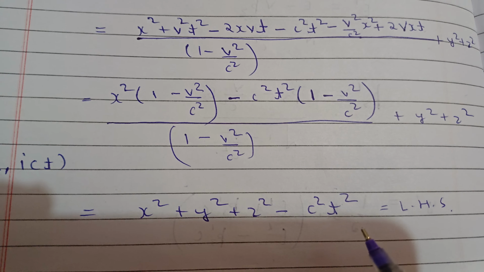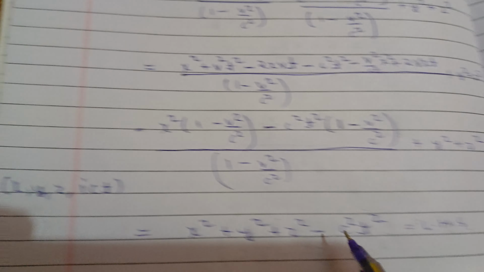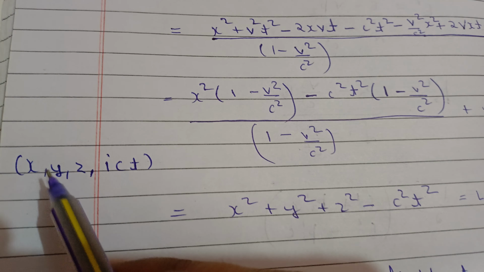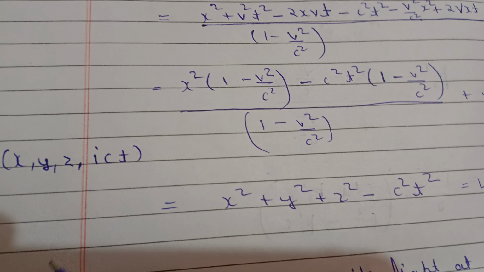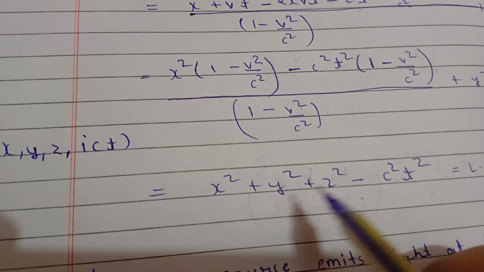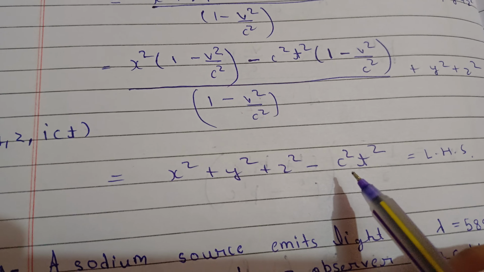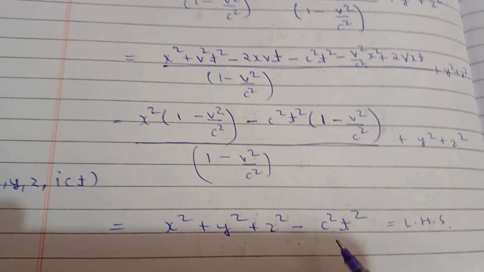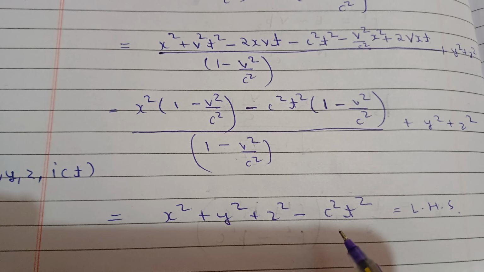That is a 4-dimensional space where we take one more dimension, that is iota ct, and from here we get this equation, because the magnitude of this vector, which is of 4 dimensions, will give us the square root of the squares of all the terms, that is x square plus y square plus z square, and the square of this will give us minus c square t square. So this will be used in Minkowski space, that is 4-dimensional space. We will study about it in the next lectures.